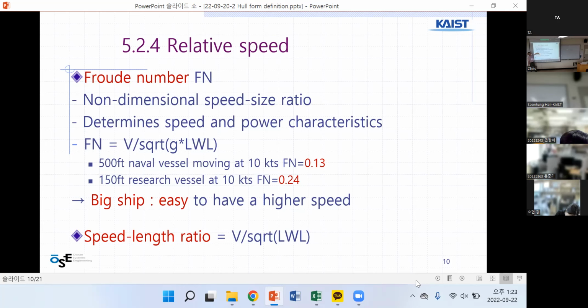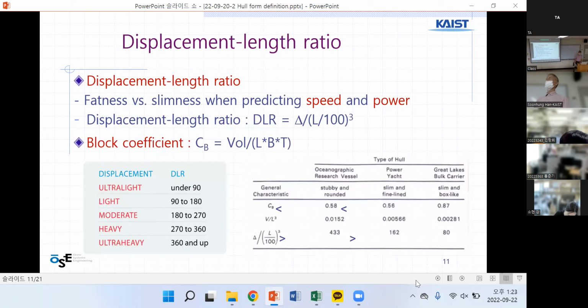So he tried to make a non-dimensional option, and a new option was developed. Then comes the displacement-length ratio, not the speed-length ratio. It is the size and length ratio, describing fatness and slimness, and predicting speed and power. The displacement-length ratio is defined as the total underwater volume divided by length cubed.